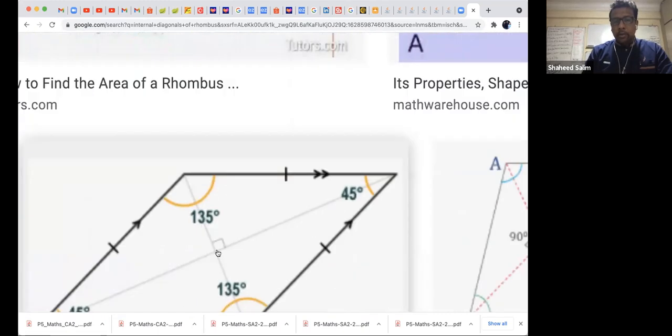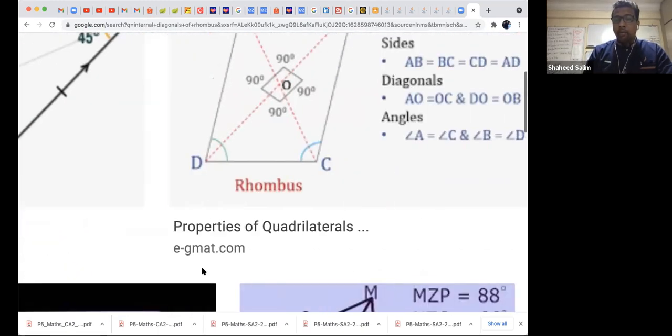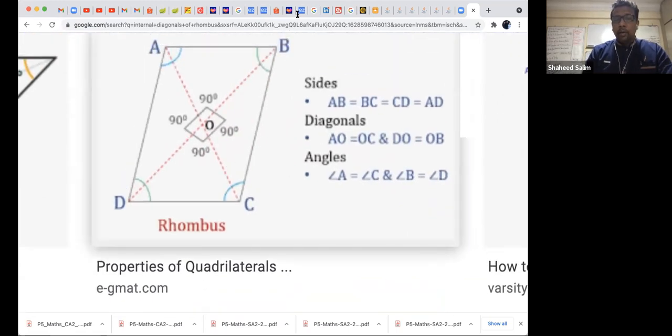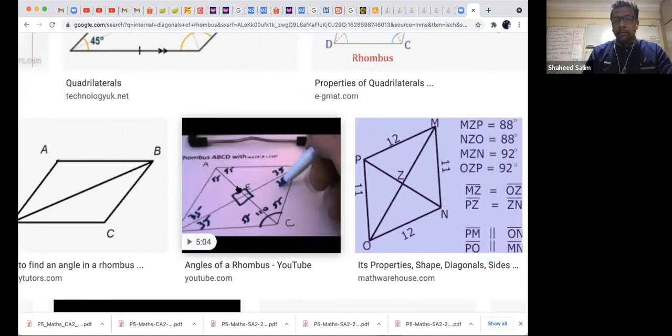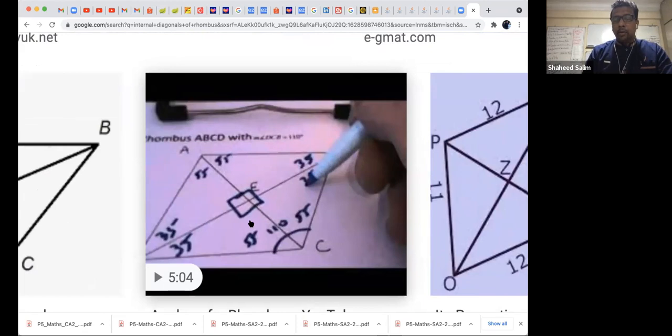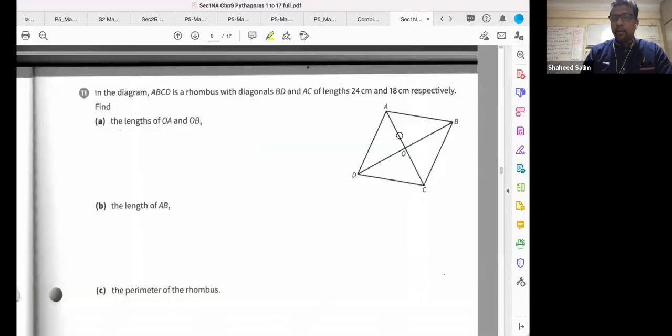This is a rhombus. Notice 90 degrees. The internal diagonals, no matter how you draw them, it is always 90, 90, 90, 90. Inside angles will always be 90, yeah? So this will be a right angle triangle. Are you okay?